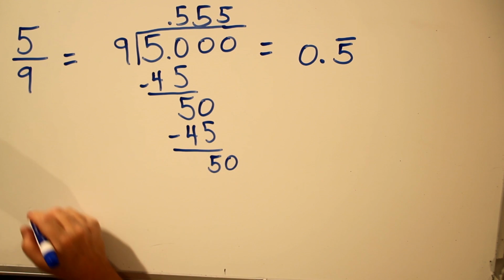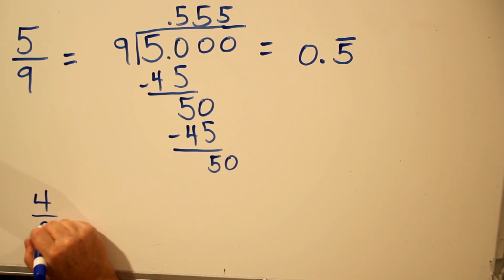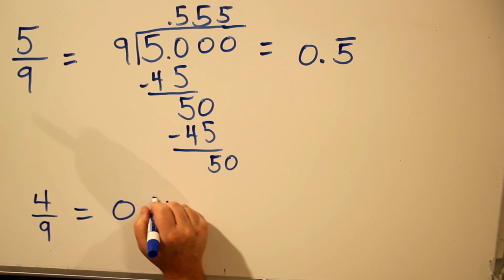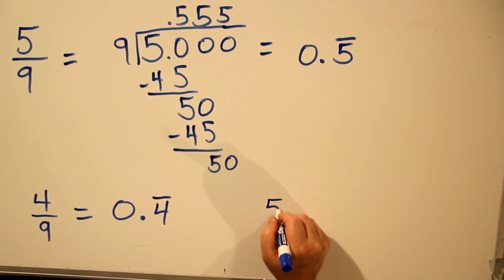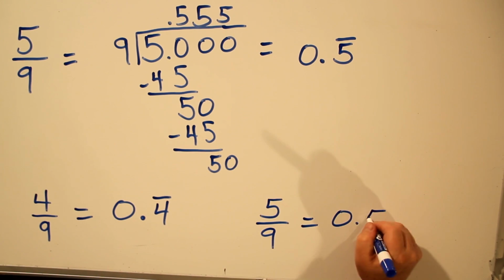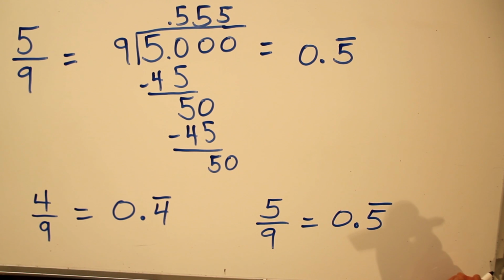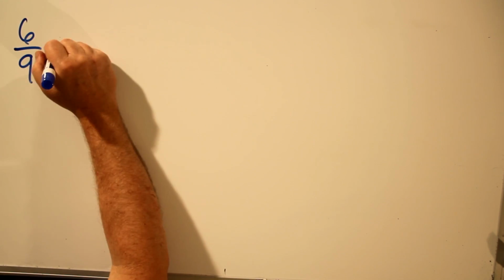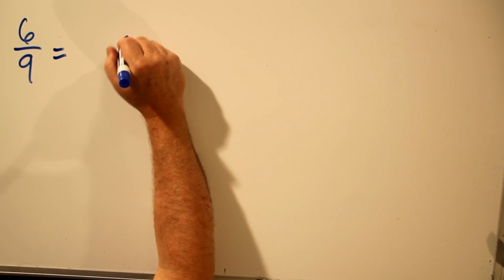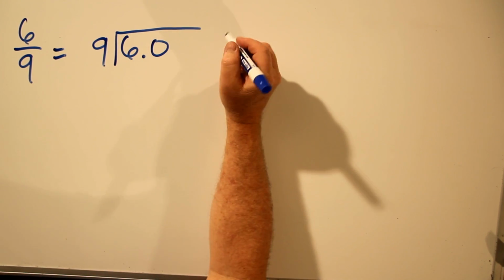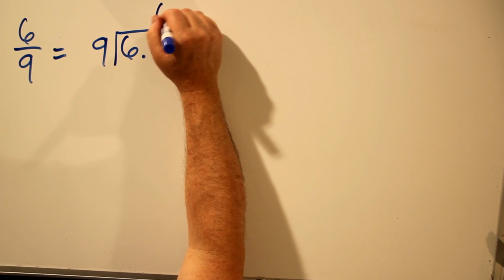So 4/9 looks like this. 5/9 looks like this. I'm going to show you what 6/9 looks like, but I think you can see the pattern. If we take 6 over 9, 6 divided by 9, 9 goes into 60 6 times.